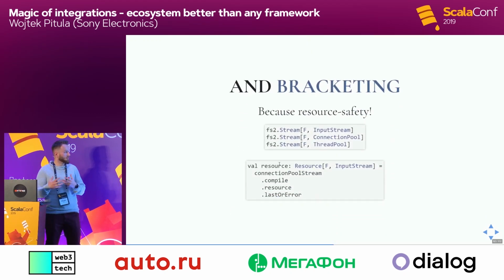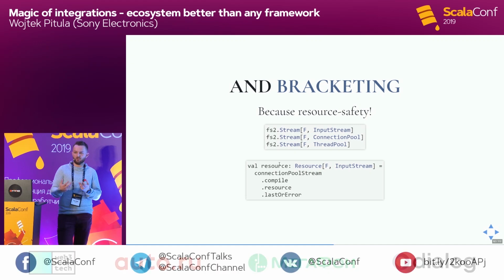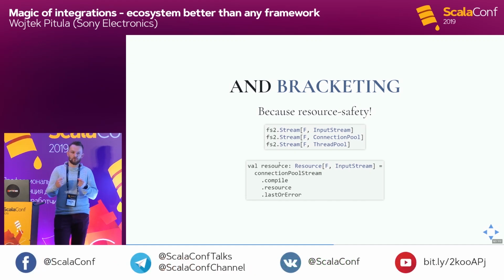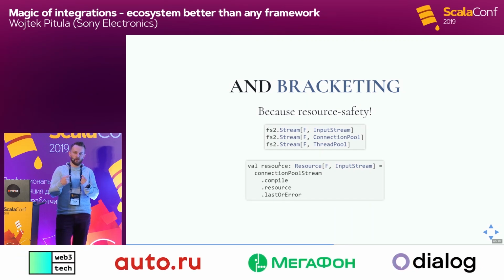FS2 also has this additional feature that you can register hooks in the stream. So you can say that I have a stream of connection pools. In fact, this will be a single element stream, which might look a little bit confusing, but you do that to register a hook that will close the connection pool on stream termination.